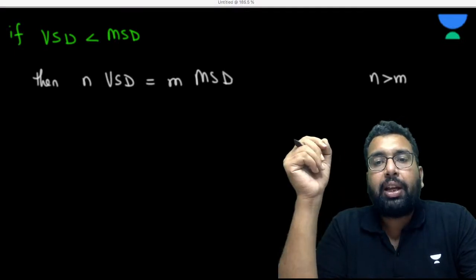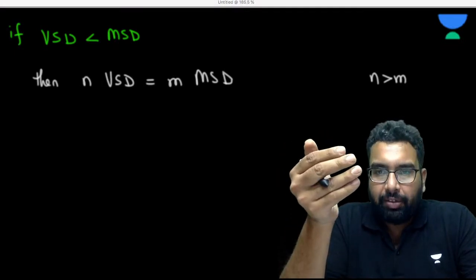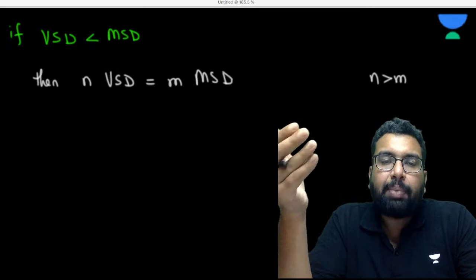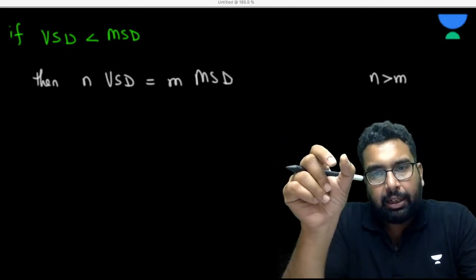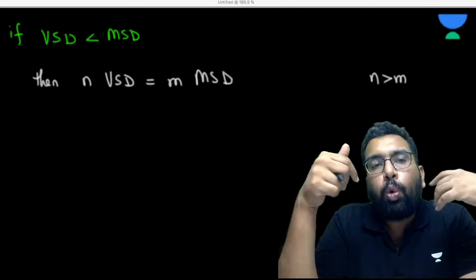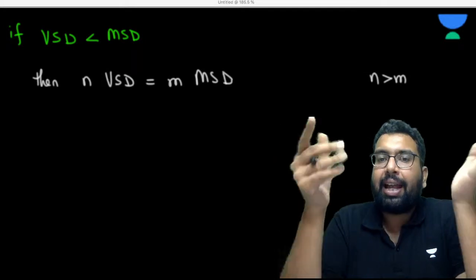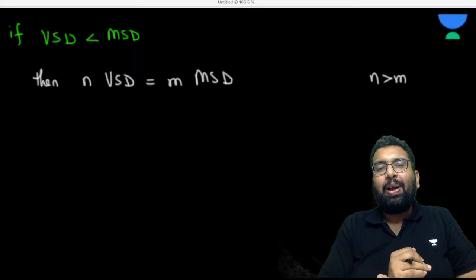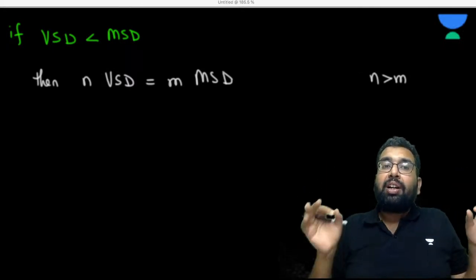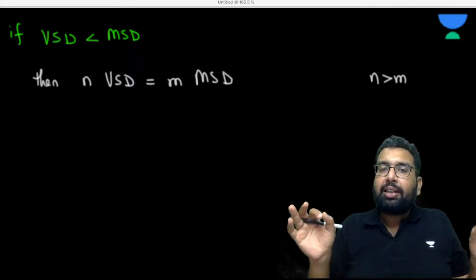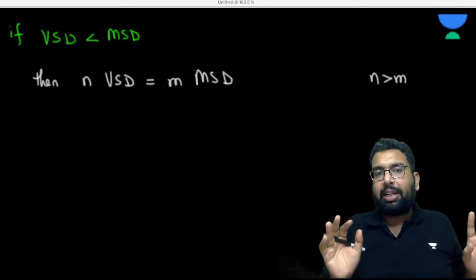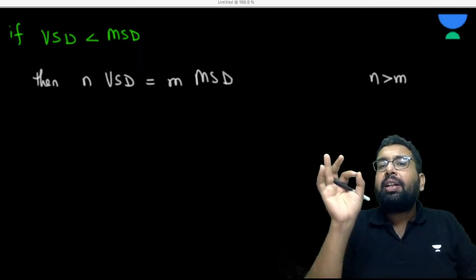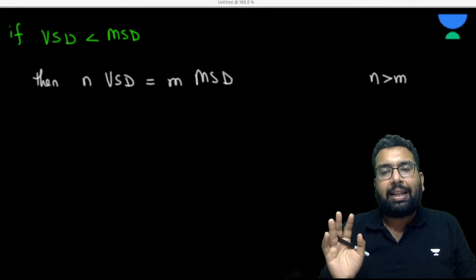Since the Vernier scale division is less than the main scale division by length, there will be more Vernier scale divisions in any given number of main scale divisions. So if the Vernier scale division is less than the main scale division, then n Vernier scale divisions are equal to m main scale divisions.